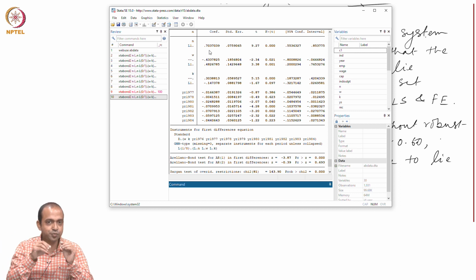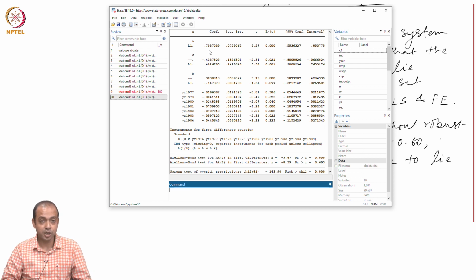The basic reason we go for two step is that it is more consistent, and it gives heteroscedasticity and autocorrelation adjusted standard errors, that is, the HAC standard error, because in a dynamic panel data model we have already assumed there might be heteroscedasticity and autocorrelation within individuals, but not across.